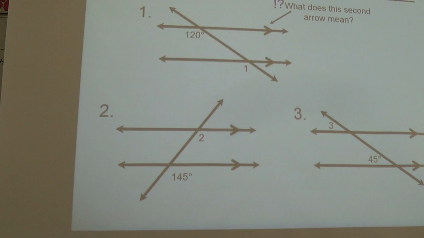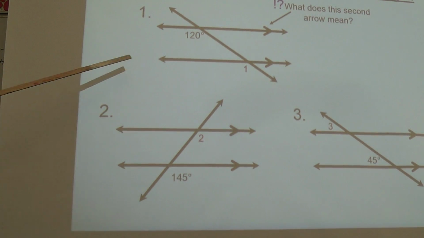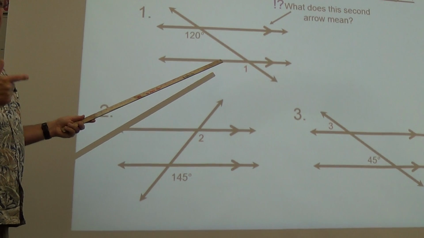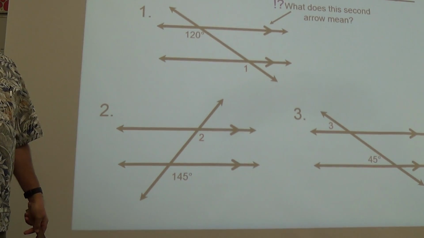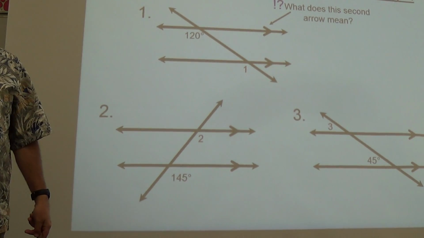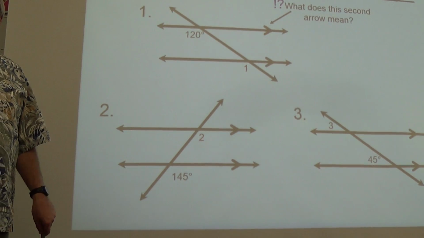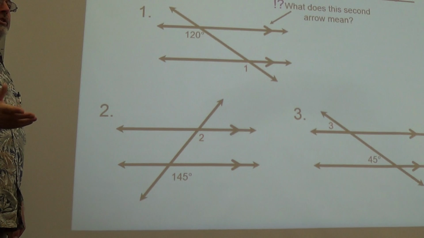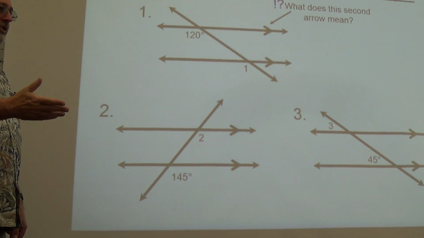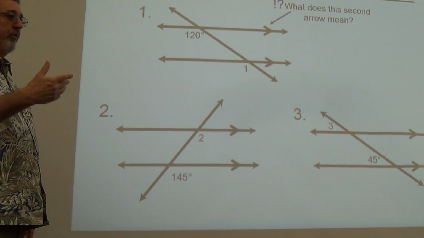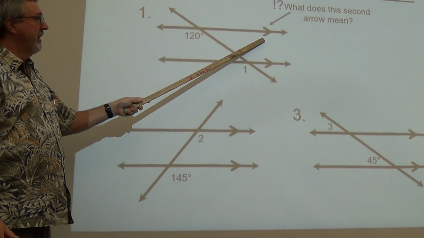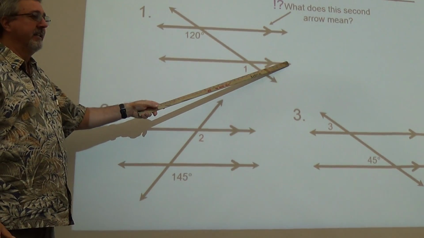If these two lines are parallel, and if you look at these 2 lines, they're marked parallel. That's how I know they're parallel. They didn't tell me they're parallel. In geometry, you have to not assume what's going on. Either you have to be told something is true, or you have to be shown something is true before you assume. These markings right here got the same arrow, but it's not at the end of the line.